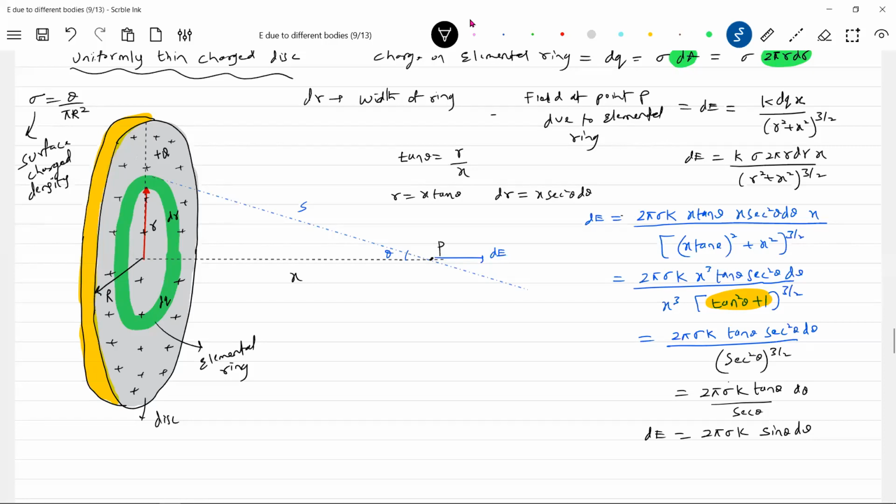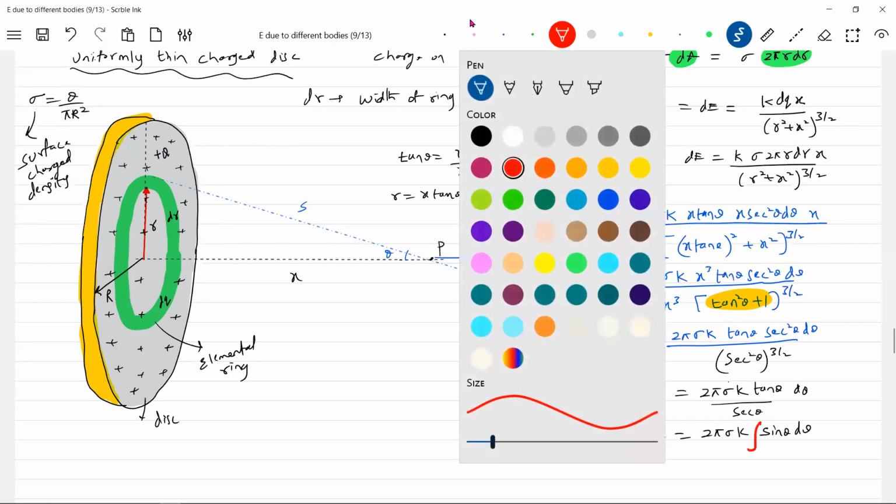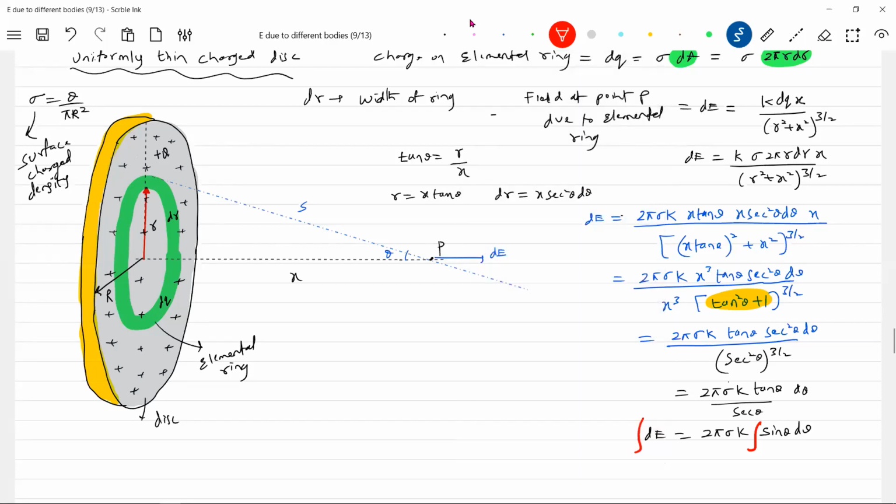What should be the limit? So I'll integrate. Zero to R only, later I'll bring it. It should be 0 to capital R only. So first we'll get the expression 2 pi sigma K, this will be minus of cos theta. The limit will be 0 to capital R. I'll bring it.